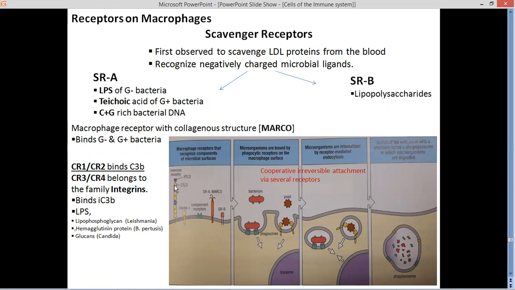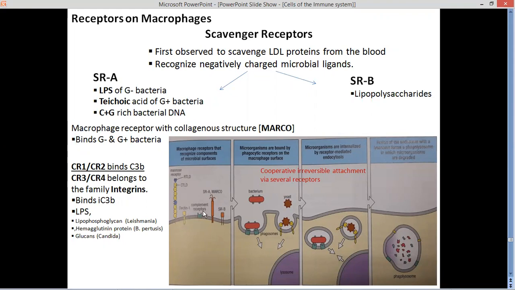Carbohydrate that binds here would need calcium, and ricin-like carbohydrates would bind here. Similarly, this is dectin-1, and both of these are used for recognition of the carbohydrates, or binding of the carbohydrates takes place here.